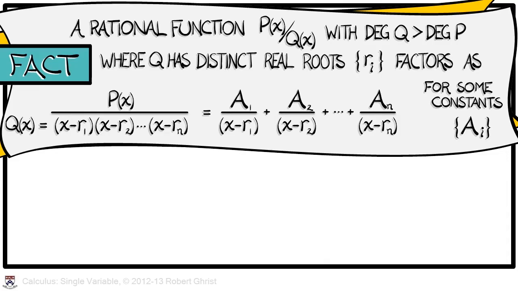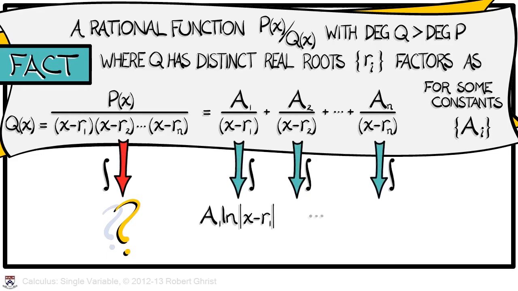We're not going to prove it, but we're going to use it extensively. This integral of p over q seems very difficult in general. However, the right-hand side can easily be integrated since all of these a_i's are constants. Then we get simply logarithms.